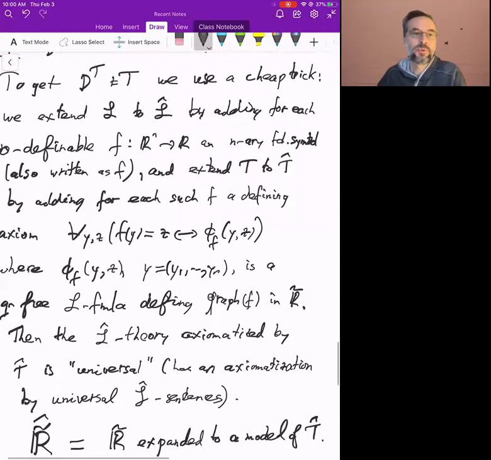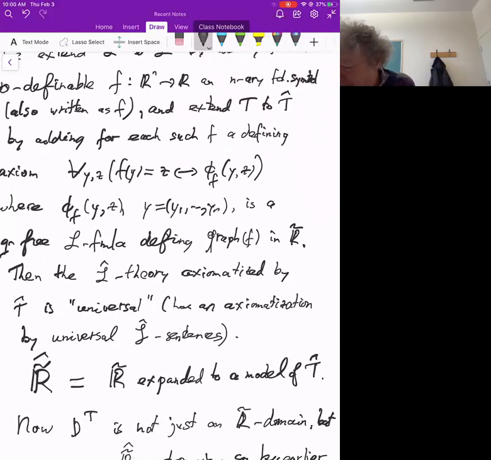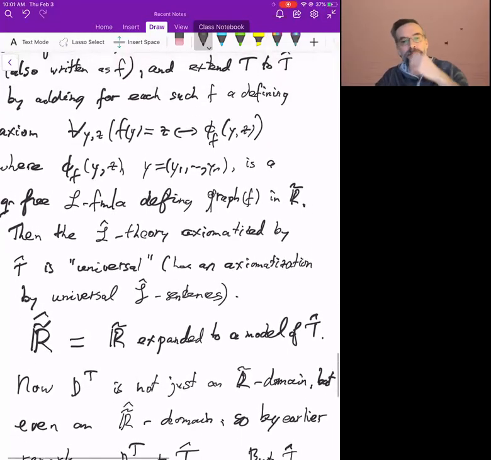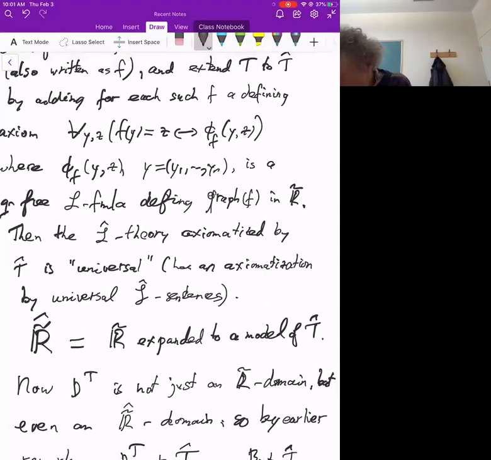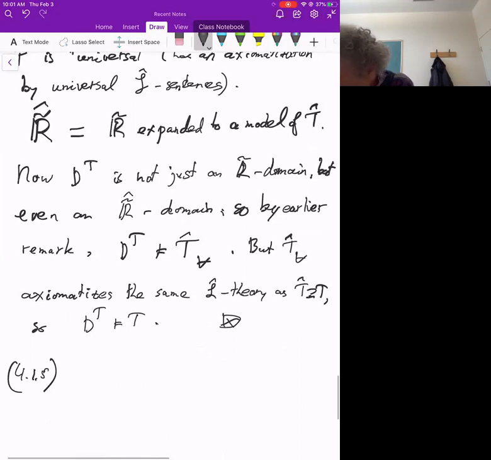Okay, you added all the zero-definable functions. These universal axioms already axiomatize all of T hat and therefore also T. I agree that it requires a little bit of thinking, but it's not a big deal.